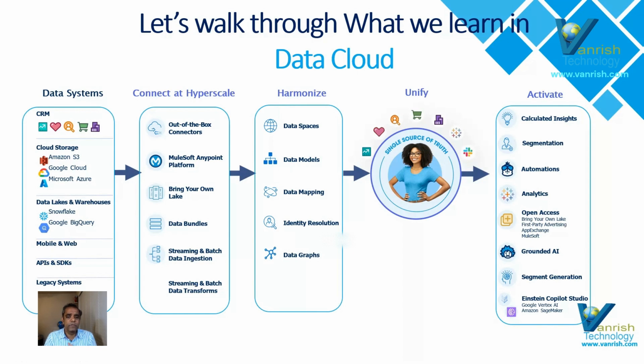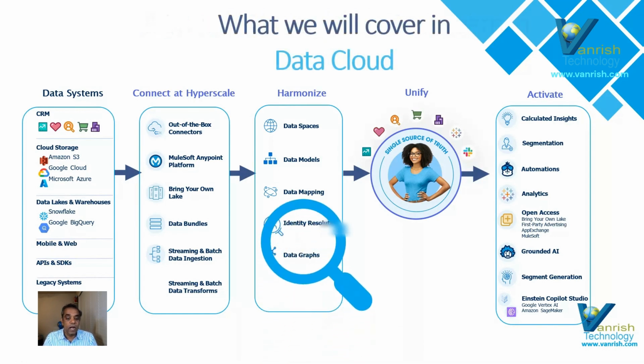Some data models are already available for you within Data Cloud, and some you can build or customize. Data mapping: once data is in the data lake, you can map it to the data model based on your requirement. Now in this session, I'm going to start with identity resolution.